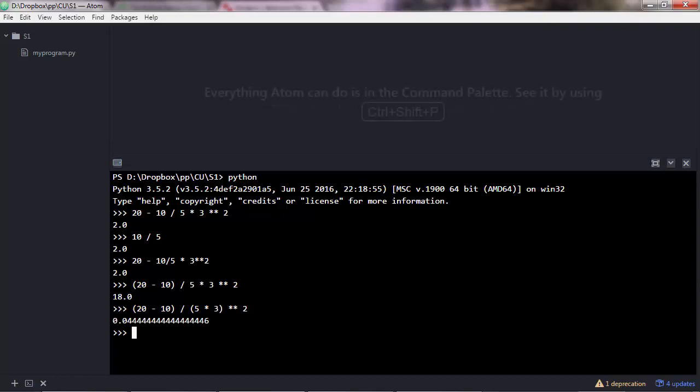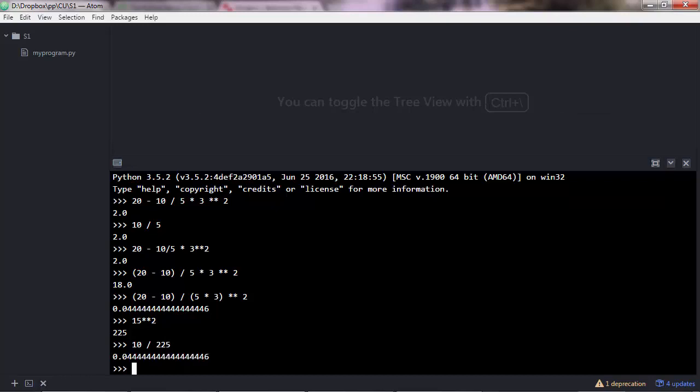Let's see what we get. Yeah, we got that. So let's see if I was right. 15 in the power of 2, we get 225, and then we got 10 on the other side, so 10 divided by 225, we get that number.